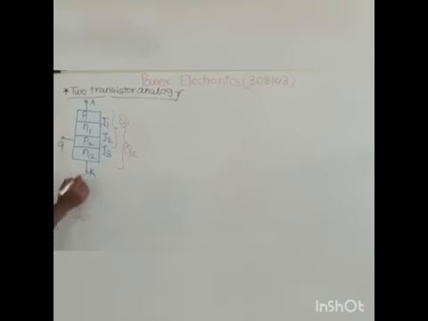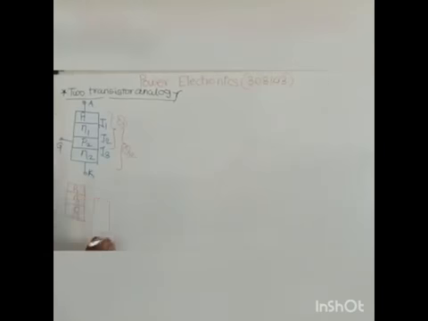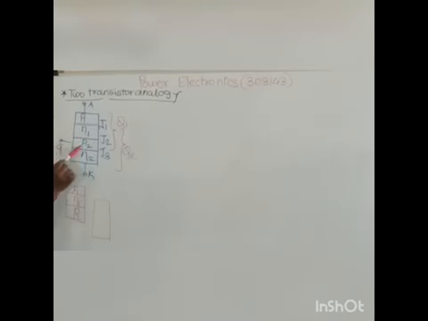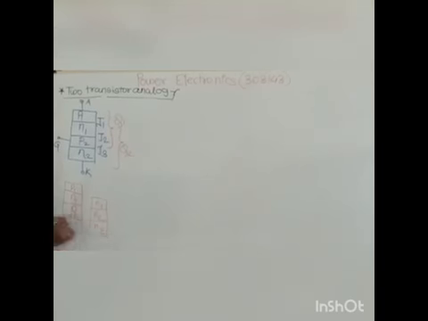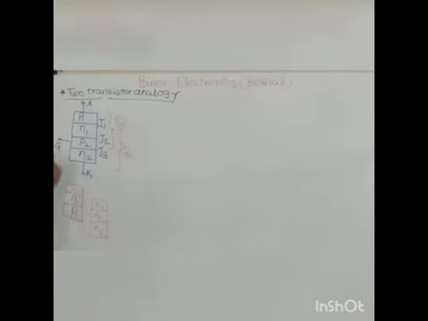Now, the transistor 2. Here, second transistor is present. This transistor starts from N1, P2, and N2. Now see, P1 is connected to anode terminal.